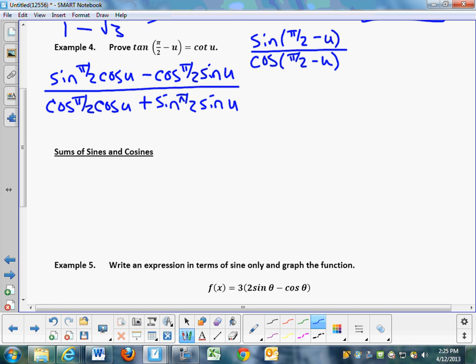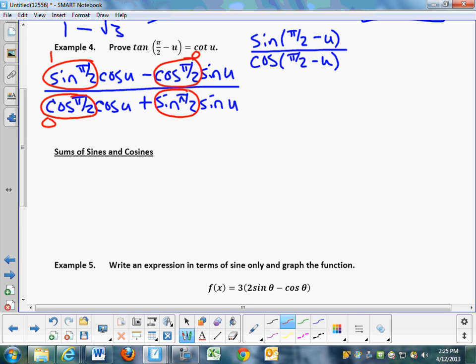All right. So let's figure out some of these values. We can't figure out the u part, but what is sine of pi over 2? One. What is the cosine of pi over 2? 0, which totally wipes out the sine of u, doesn't it? Cosine of pi over 2 is 0, so that's going to wipe out the cosine of u there.